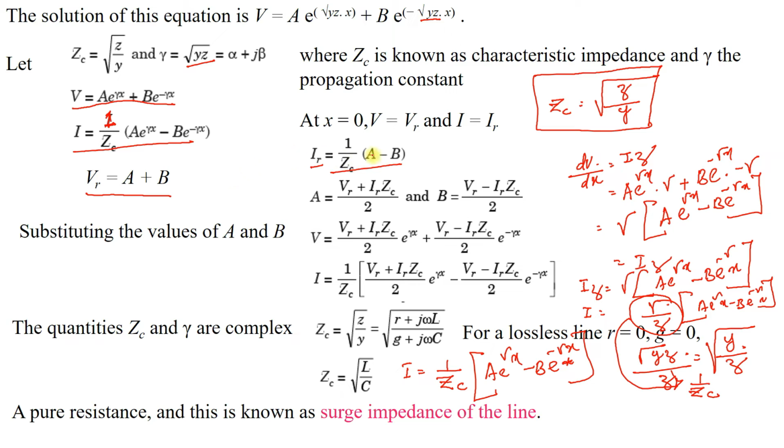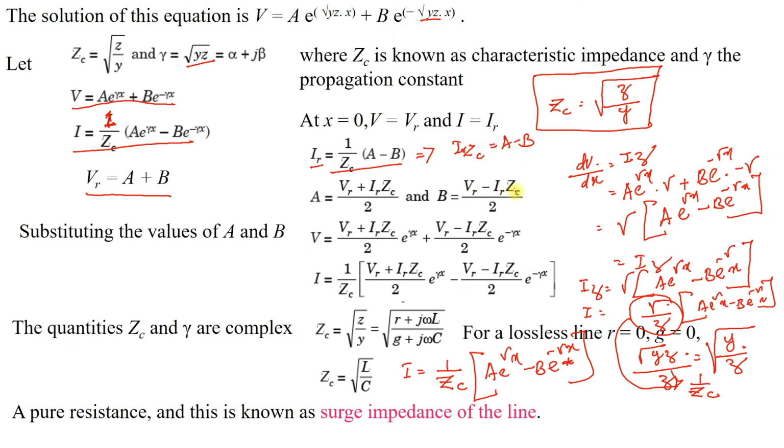From here you can evaluate A. From here you get IR ZC is equal to A minus B, and you have the expression A plus B. Now if you add these two, you get 2A is equal to VR plus IR ZC. So A will be equal to VR plus IR ZC by 2, and if you subtract this equation from this, you get VR minus IR ZC will be equal to 2B.